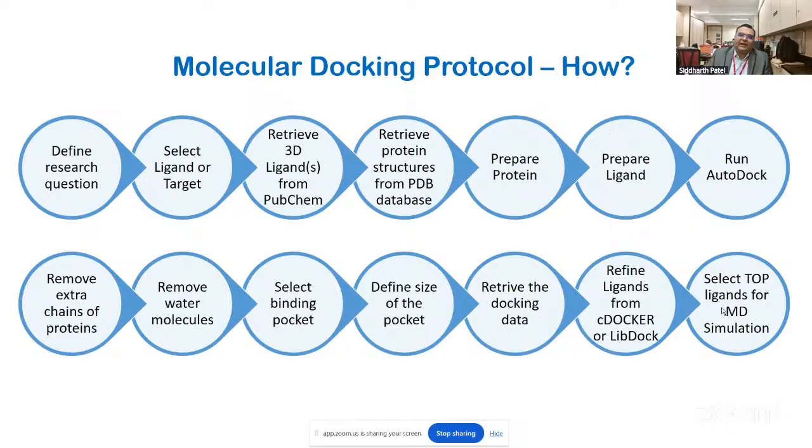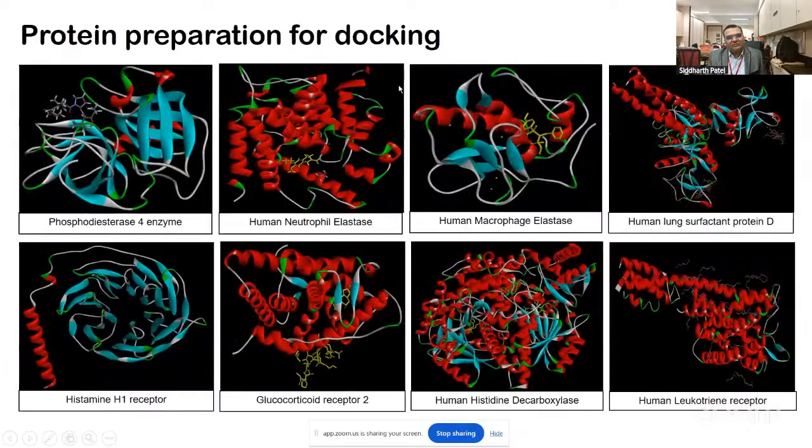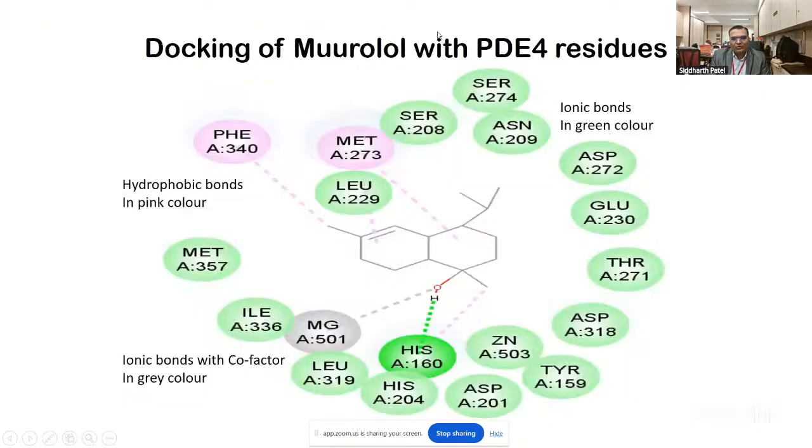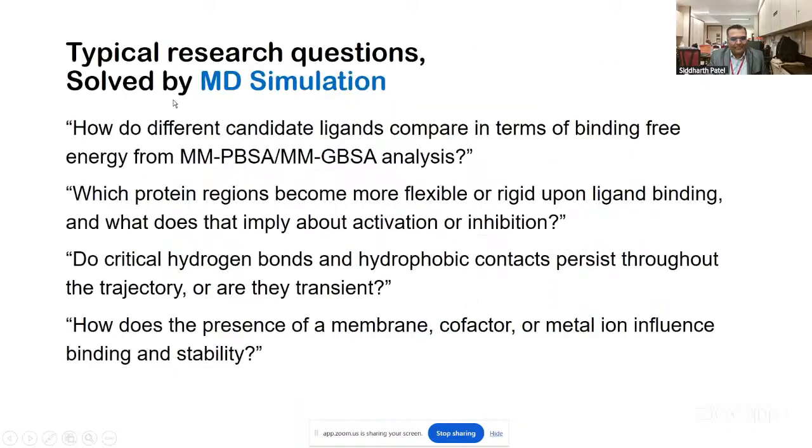We will identify top 2, top 3 or top 5 ligands that can be used for simulation study, the next level of studies. So this is the entire protocol. These are some of the proteins. I'll show you all these results in the software, so I'm not discussing it right now.